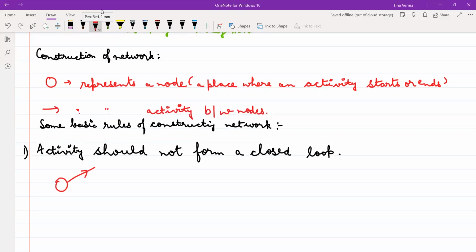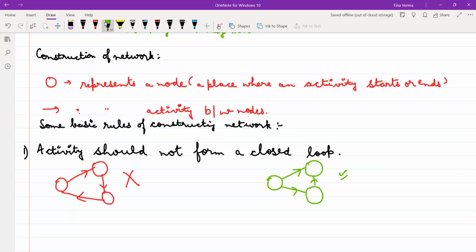Like if it is like this, it is not allowed while constructing a network. This is wrong, but this can happen. So here the activity is going, here also the activity is going. Right? So this is correct as it is not forming a closed loop. It starts from somewhere else and it is not ending at this point.